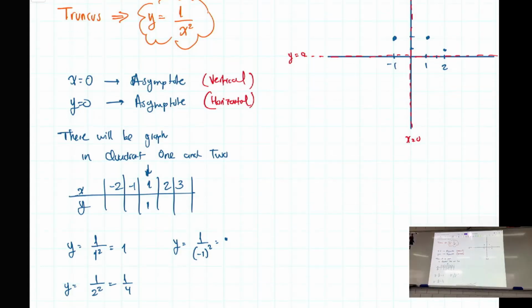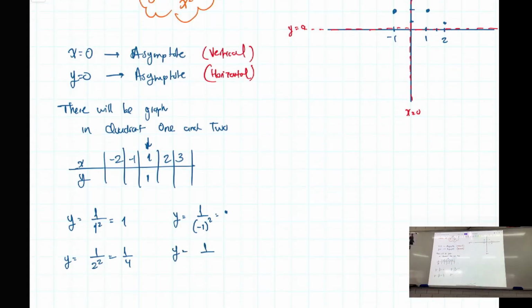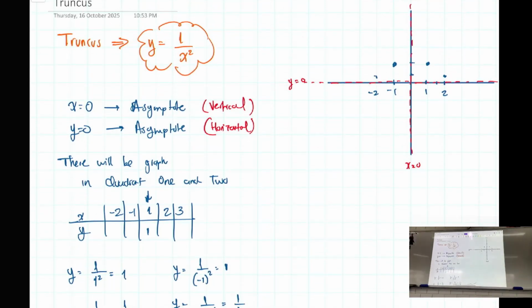And it will be exactly the same when I do 1 over minus 2 squared, which is 1/4. Now if you do the other values with your calculator, you can determine that the graph will make this tendency.